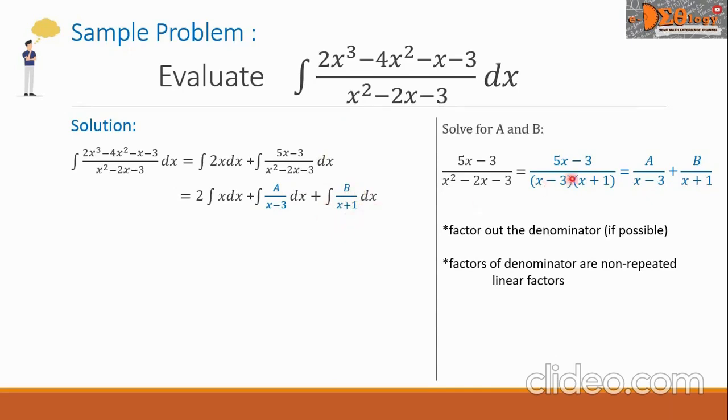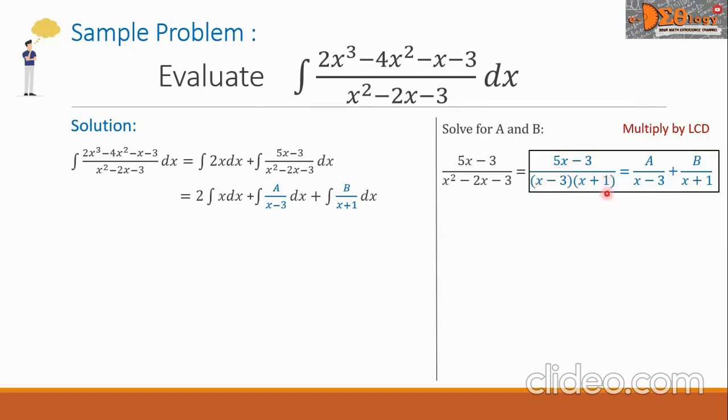Now let us solve for A and B. Let us multiply this equation by the LCD. Take note that our LCD is the denominator of the left-hand side. By doing so, the resulting equation will be 5x minus 3 equals A times the quantity x plus 1 plus B times the quantity x minus 3. This is now our working equation.